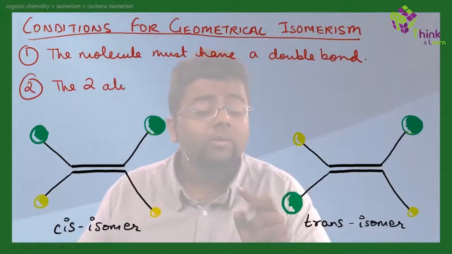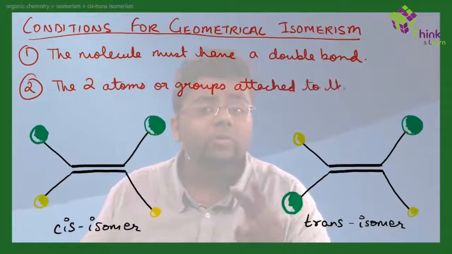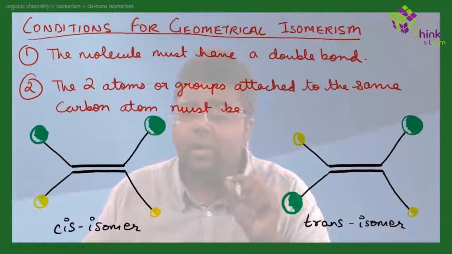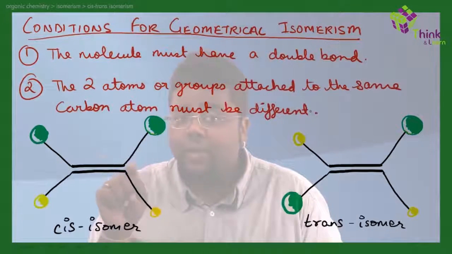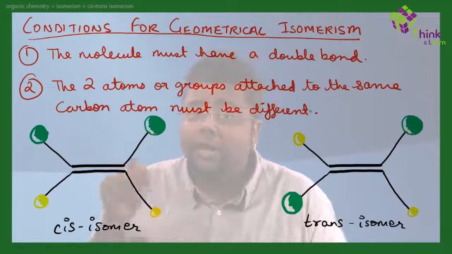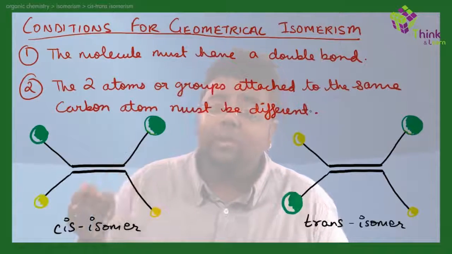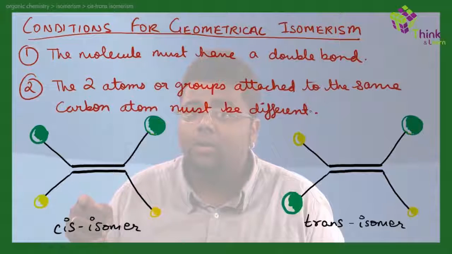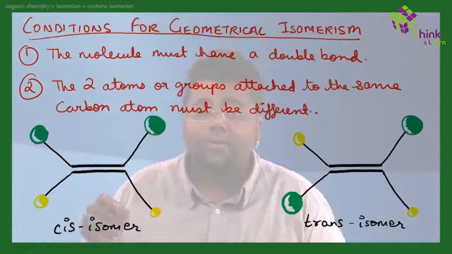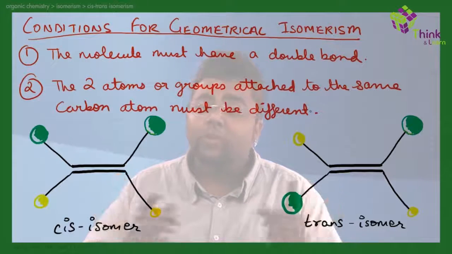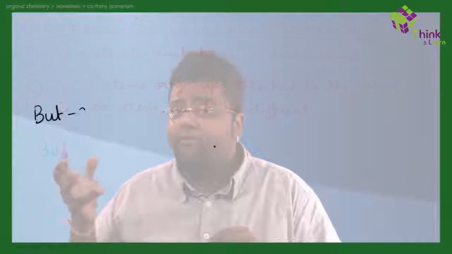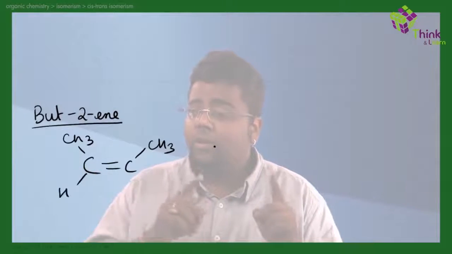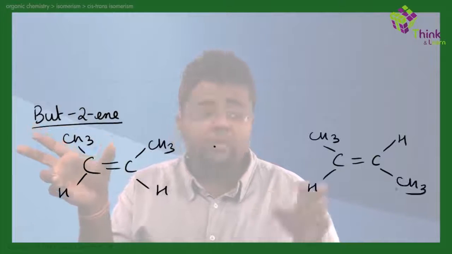But the second condition also has to be fulfilled. And the second condition says that if two same atoms or groups of atoms are attached on the same carbon, cis-trans isomerism will not happen. Let's take a look. If I have butene, I can make this structure and this structure.